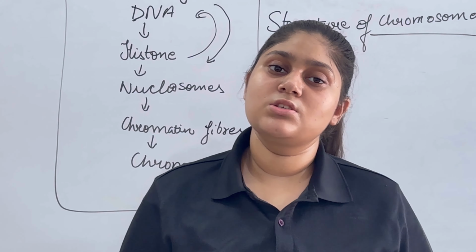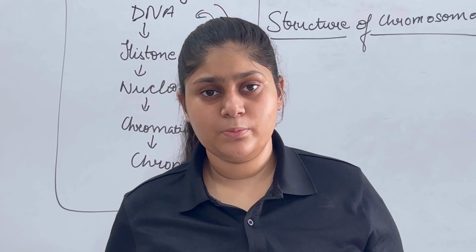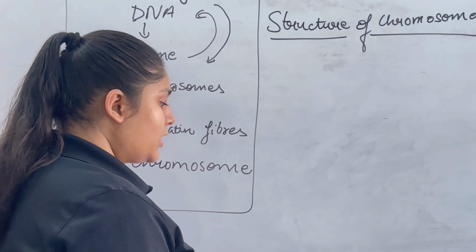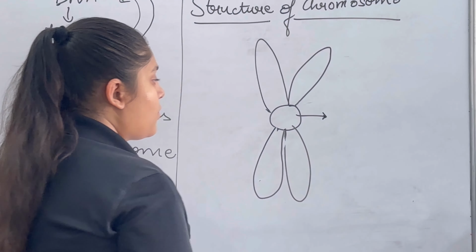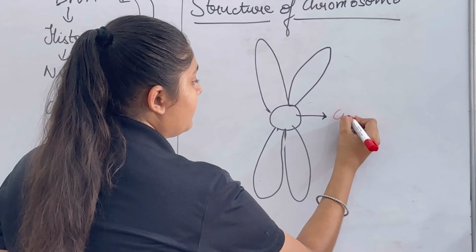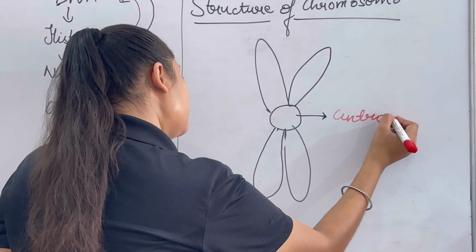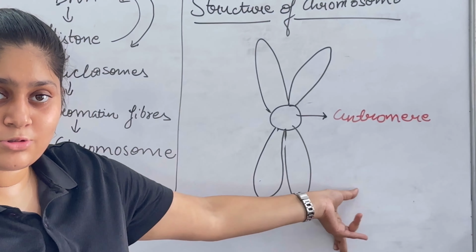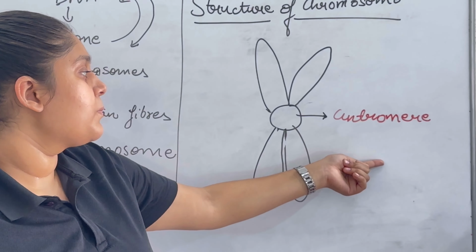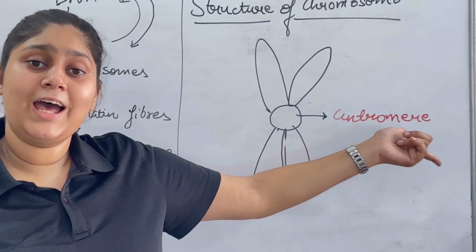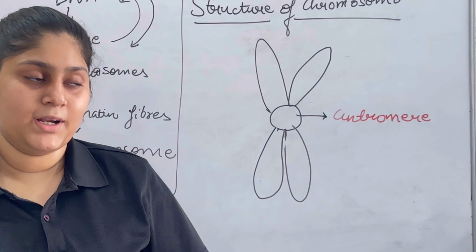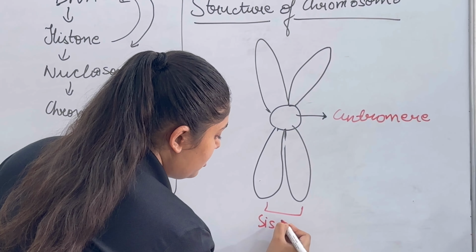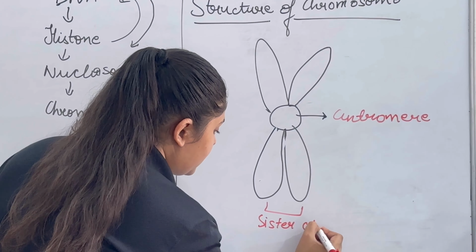Each chromosome consists of sister chromatids, centromere, and non-sister chromatids also. So this part is called the centromere. In between, I will tell you the questions which will come. So the centromere is the point of attachment of sister chromatids. What are sister chromatids? These are your sister chromatids.